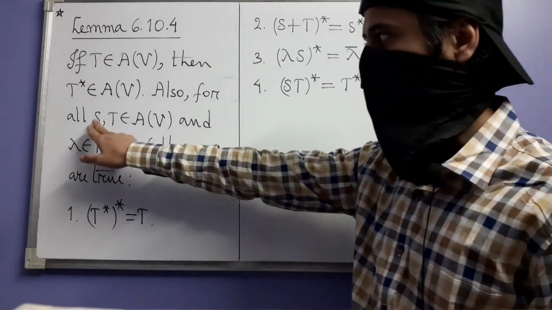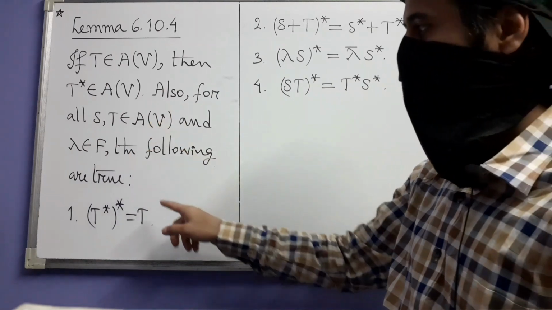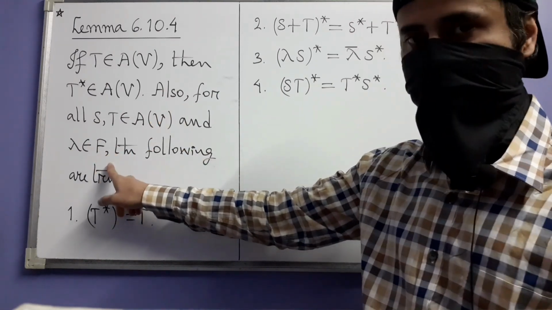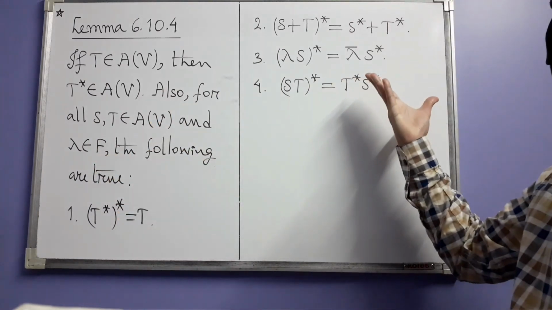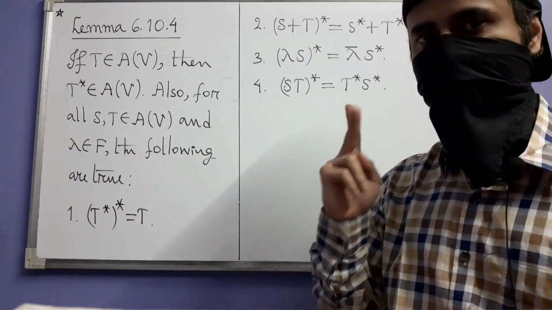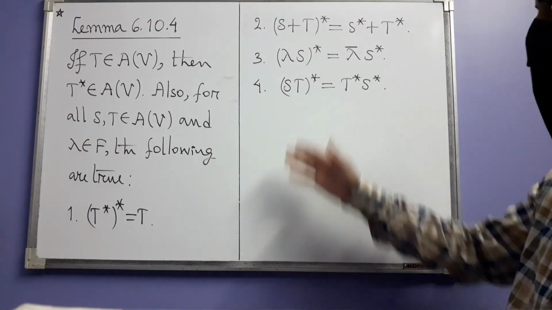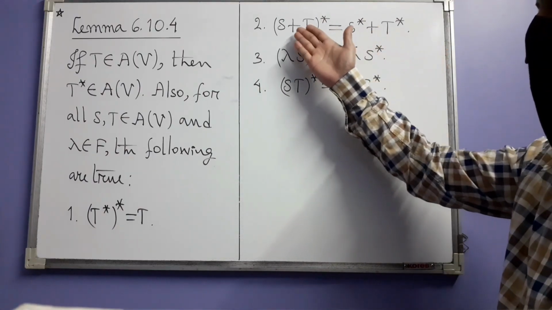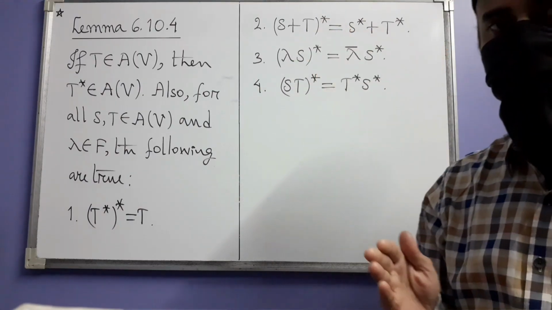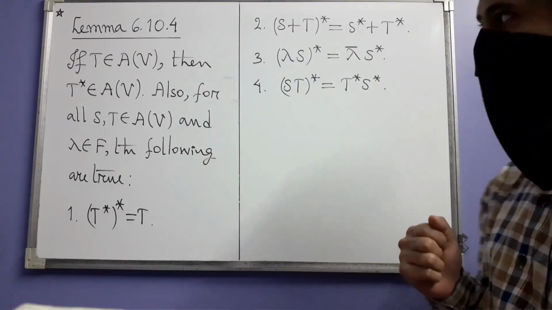Moreover, for any two such operators S and T on V and any scalar lambda in F, the following are true. If you take the Hermitian adjoint of T 2 times, then you get T back. Also, the Hermitian adjoint of S plus T equals the sum of their Hermitian adjoints.